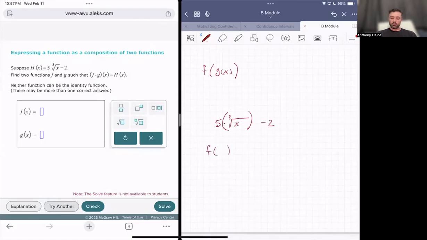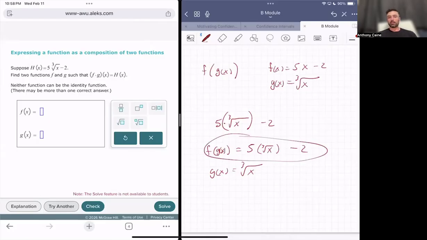So if my f of x is 5 times something minus 2, and my g of x is the cube root of x, well then, f of g of x is 5 times the cube root of x minus 2, and I get exactly what I want, right? So my f of x is 5x minus 2, my g of x is the cube root of x. And now when you do f of g of x, you'll get h of x, just like what you need.